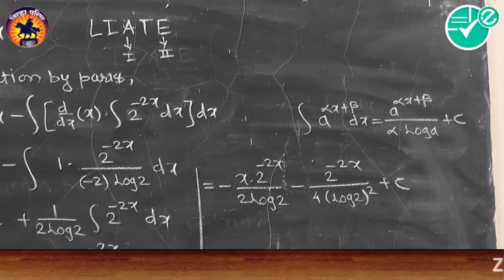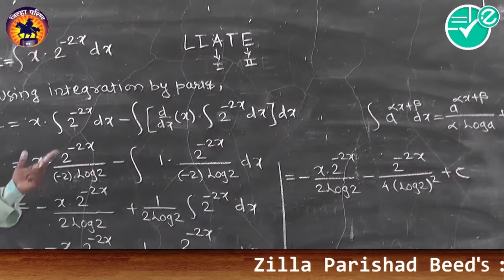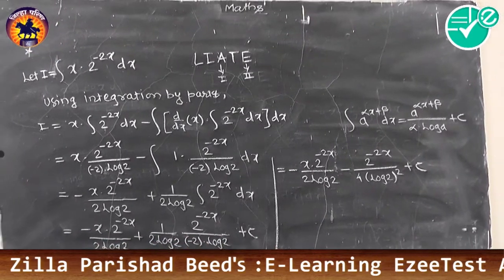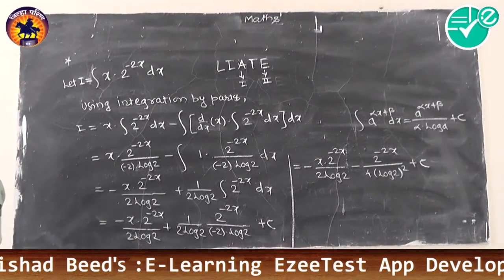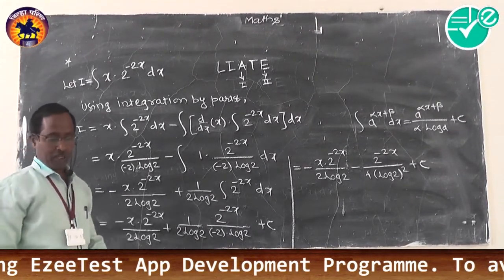So this is the required answer of this example. We can also take common minus 2 raised to minus 2x upon 2 log 2, and we get a simplification of this answer.